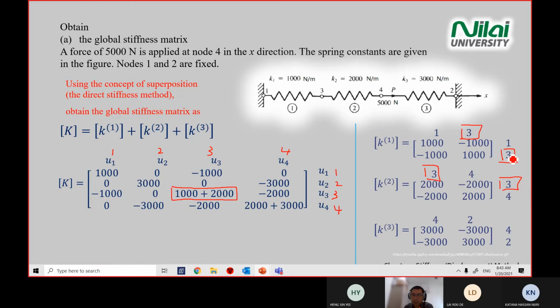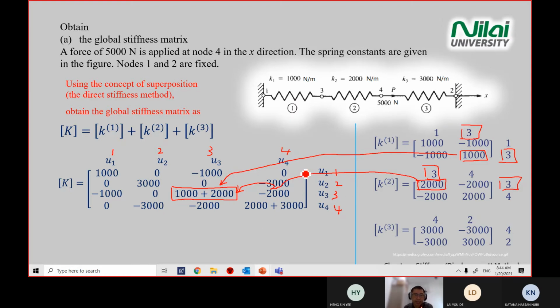So the first set, 3, 3, we get the first number, 1,000. So you pull 1,000 here. Then the second set, 3, 3, you get 2,000. Pull 2,000 inside here also. That's why we have a plus sign here. It's an overlapping of two matrices. So we are actually summing up all the individual matrix into one very big global matrix. So this is the procedure that we do.